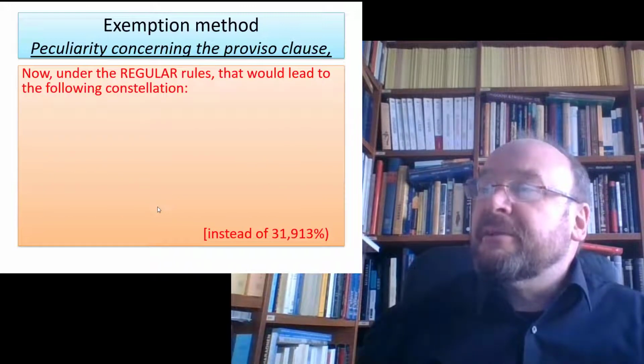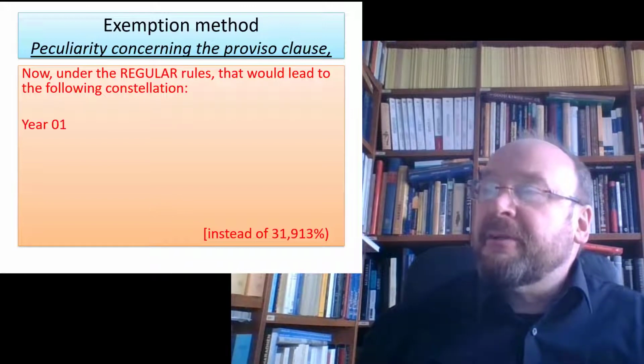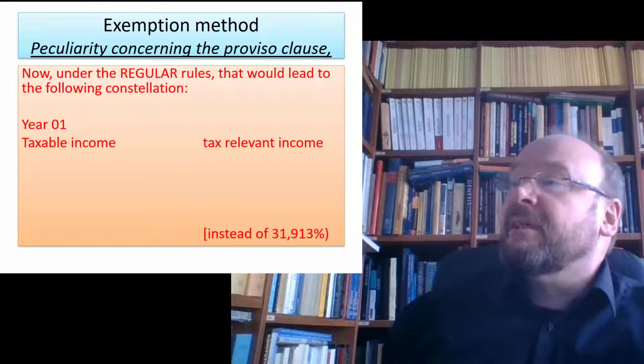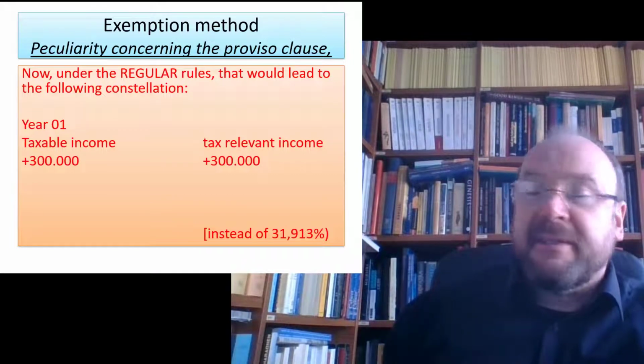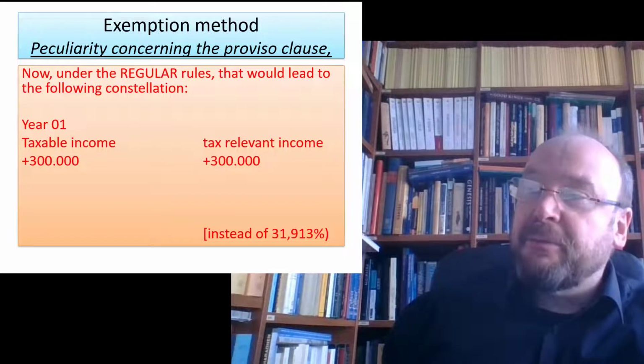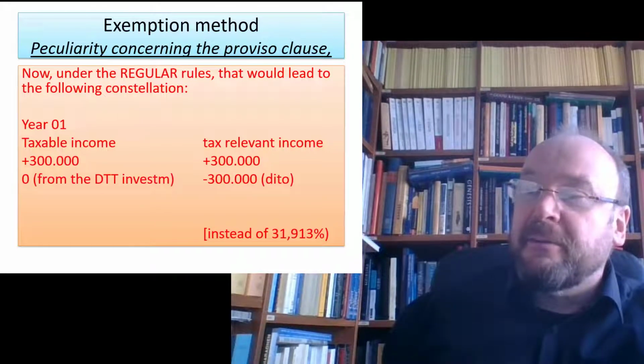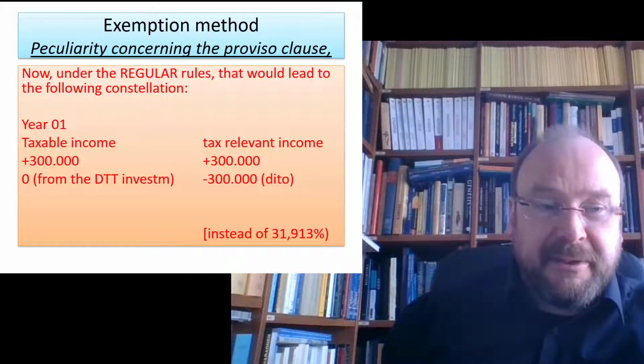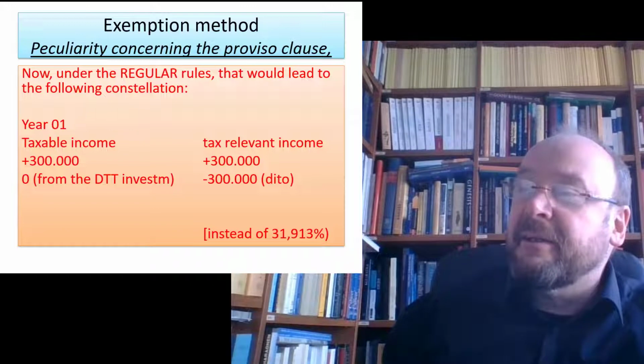Under the regular rules, that would lead to the following constellation. Year one, you have taxable income and tax rate relevant income, 300,000 from the first activity. Now you pack on top the tax-free investment abroad. 0 for the taxable amount, but for the tax relevance, you have now a loss of 300,000 in that year.